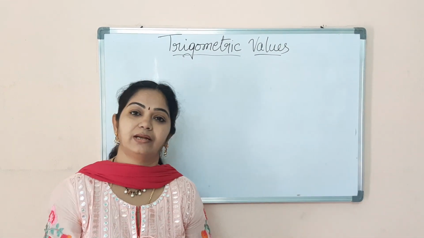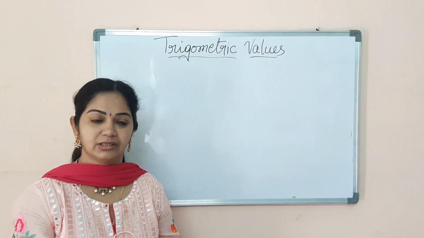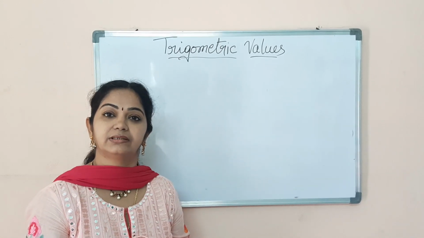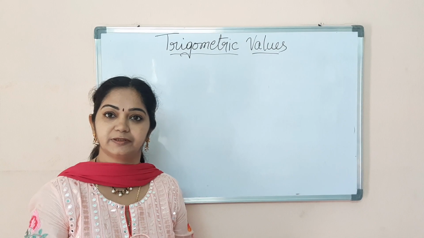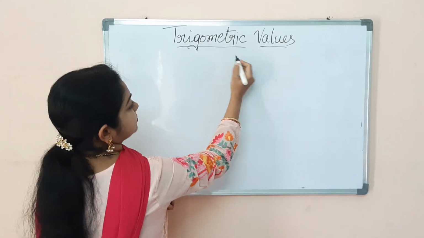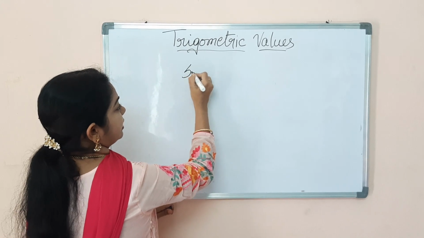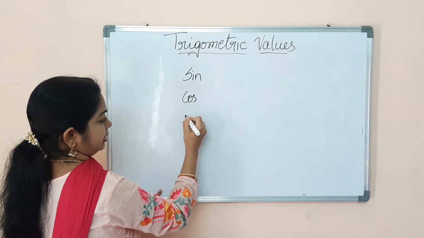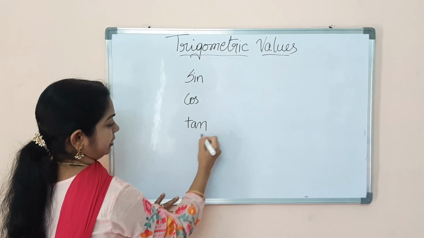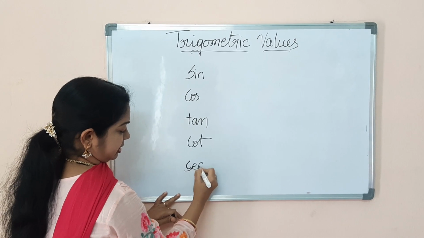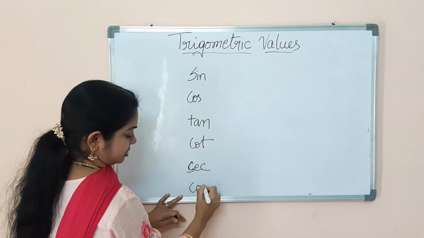For the trigonometric values of the trigonometric ratios, I'll give you a simple method to remember the tabular column which is given in your textbook. All the trigonometric values you can easily find out by remembering this. We have all the functions: sine, cos, tan, cot, secant, cosecant.